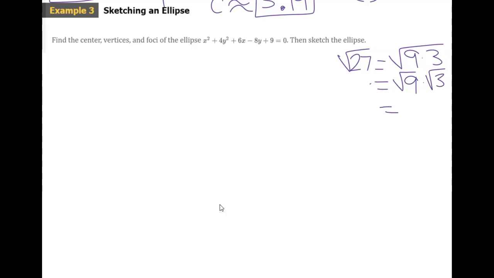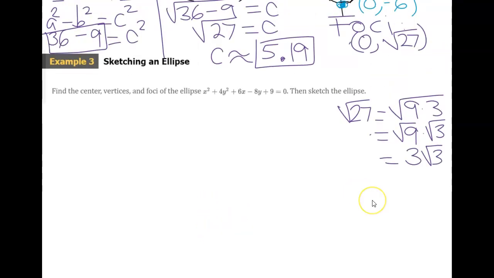So the square root of 9 is equal to 3, and the square root of 3, we leave that inside the radical. So instead of writing the square root of 27, my math lab might want you to be a little more specific and actually simplify your answer. So use something like 3 square root of 3.